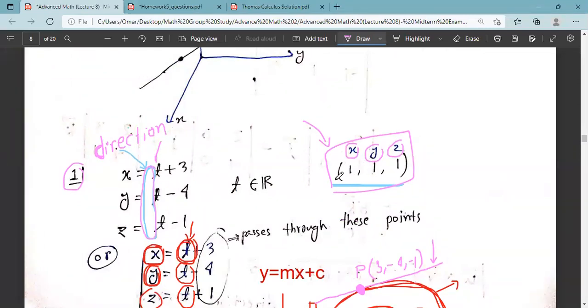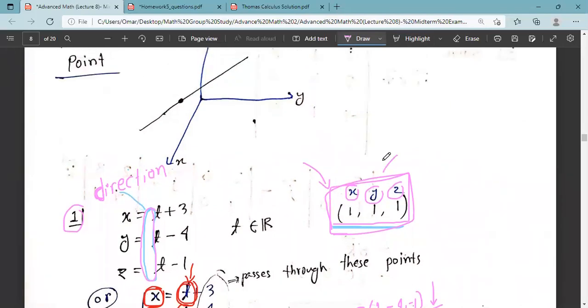So the coefficients of our vector are going to be the coefficients of that variable. Okay, so for example, here our variable is t, and then this part is our direction.